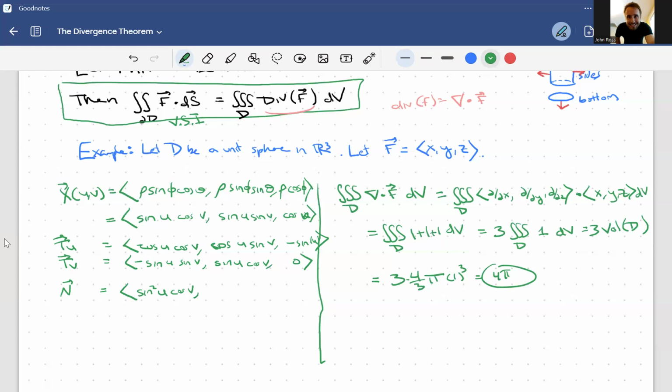And then for our next component, this is a negative, but then we're going to get a 0 minus a negative times a negative. So this is sine u times sine v.